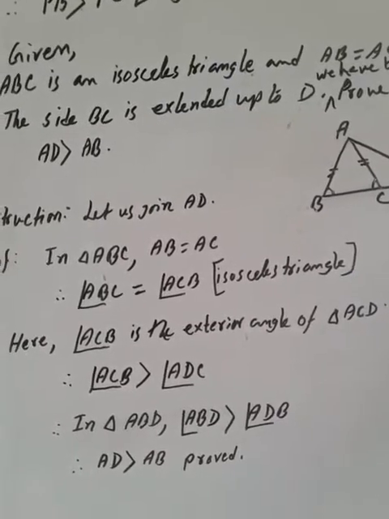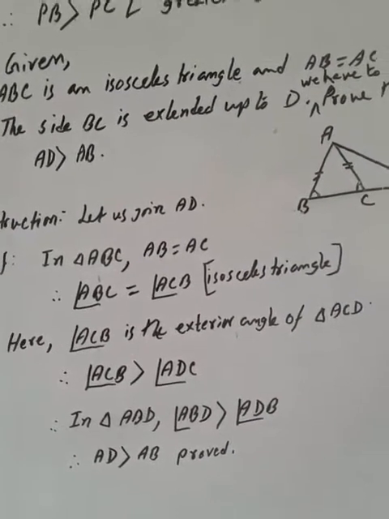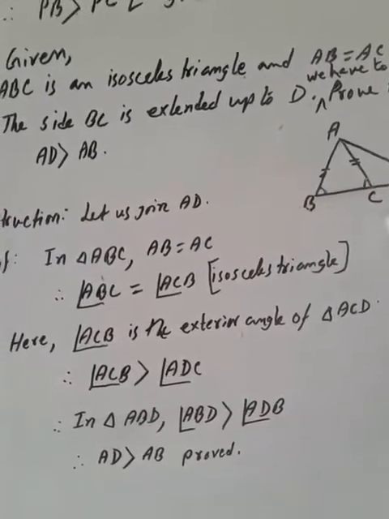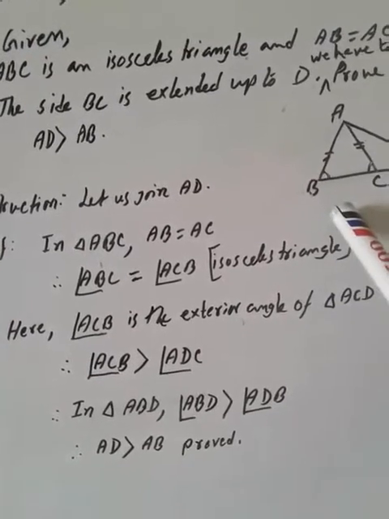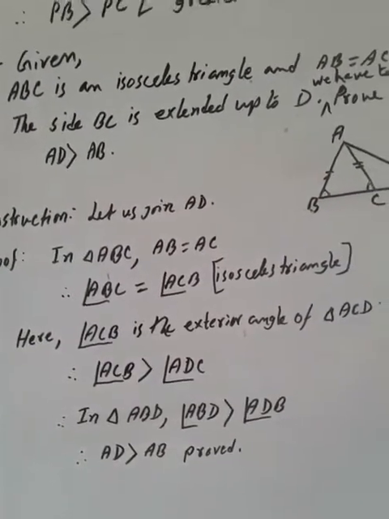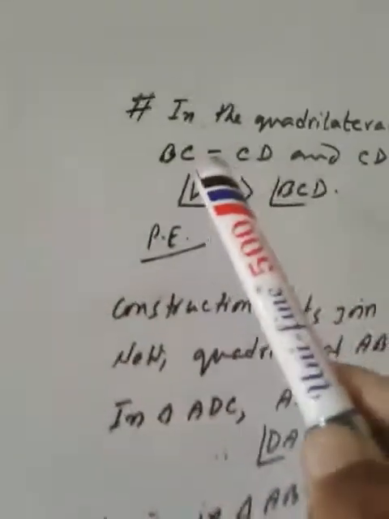The exterior angle is greater. Therefore in triangle ABD, ABD is greater than ADB. Therefore AD is greater than AB. This is the proof. See another one.